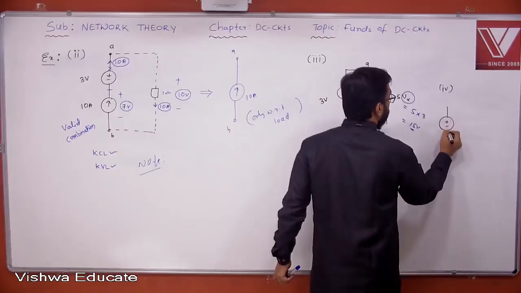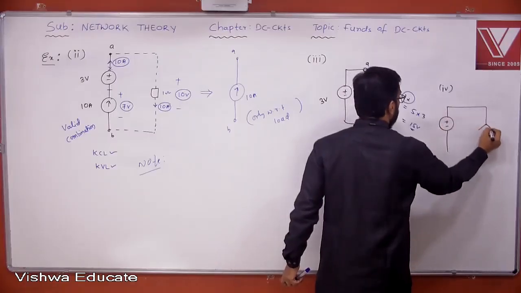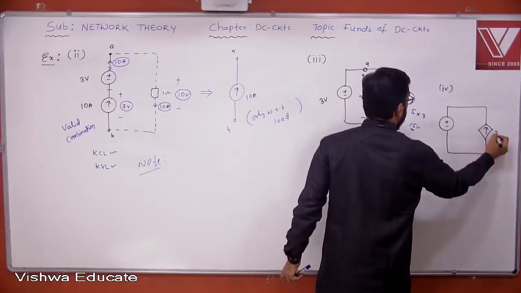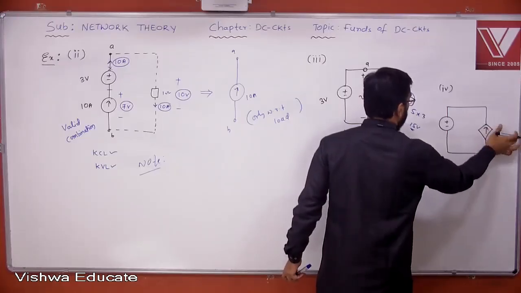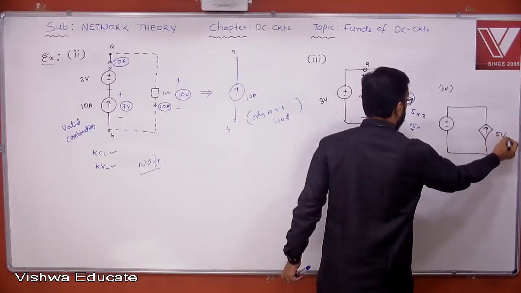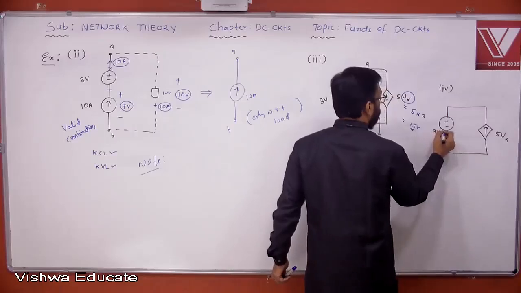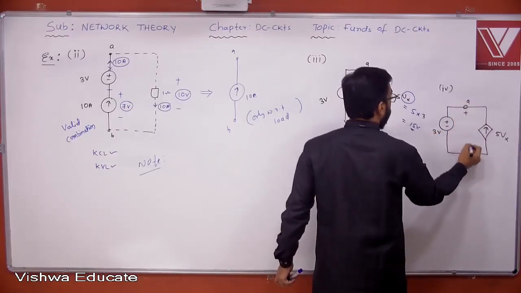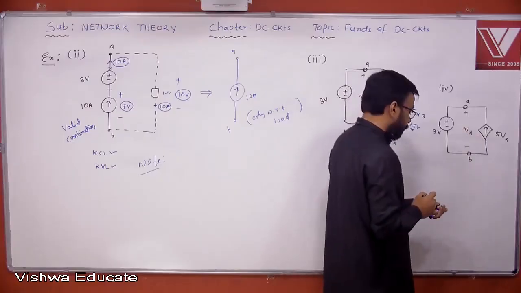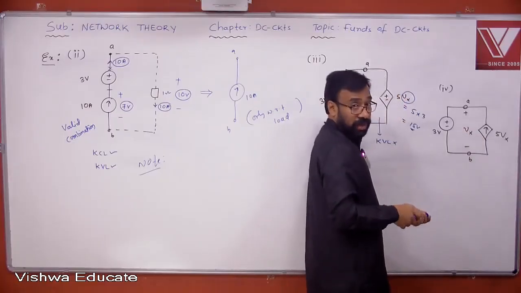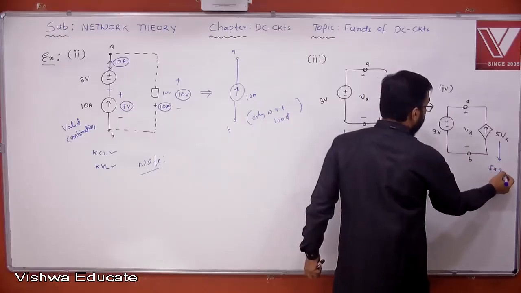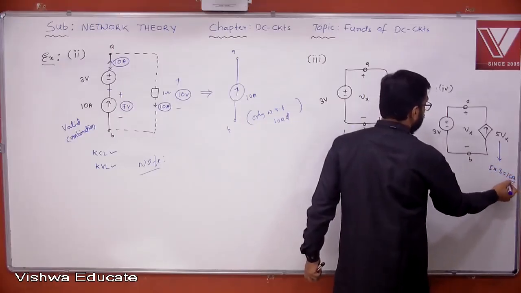Similarly, if I place a current source here, now tell me what's happening. 5 into 3, that is 15 amperes.